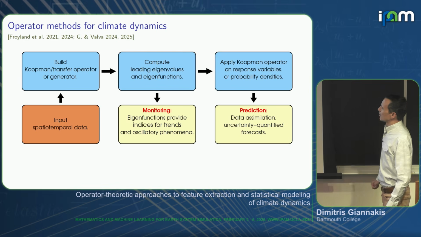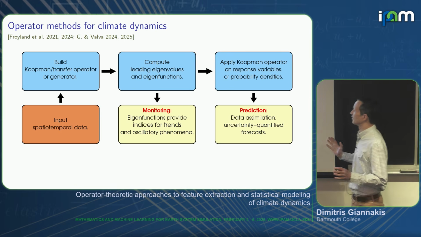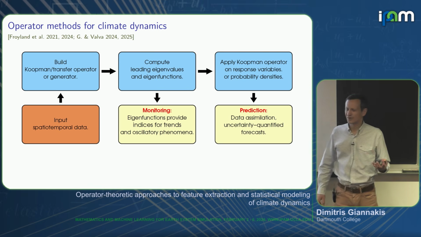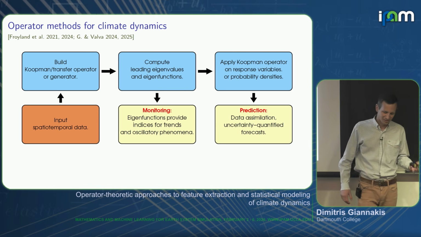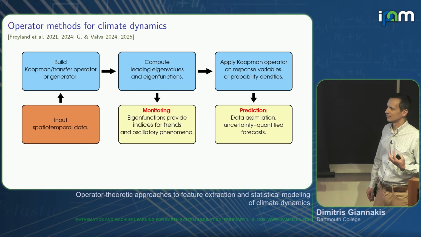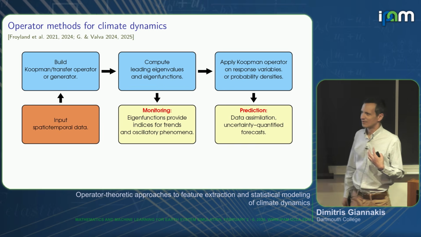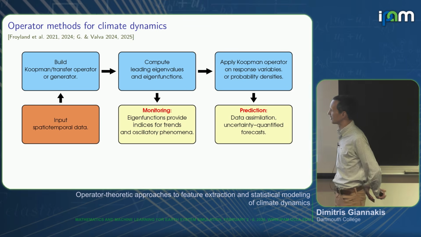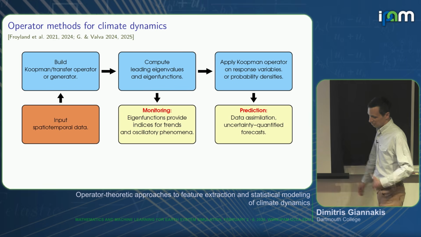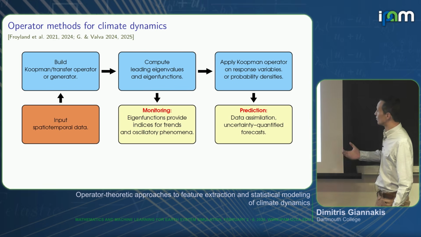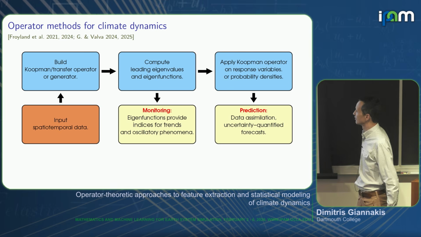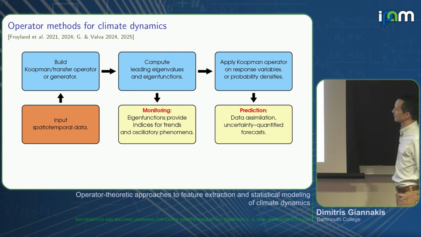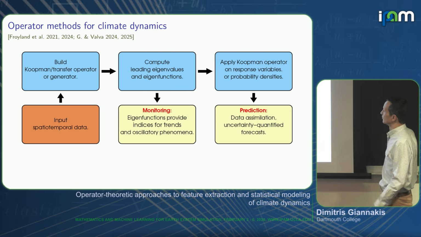So I will be talking about methods, as I just mentioned, that are either for feature extraction, which you can think of as unsupervised machine learning, where the goal is to discover observables that evolve in a nice or predictable way under complex dynamics, or in a supervised learning context, that will be for predictive modeling for tasks like data assimilation or closure.